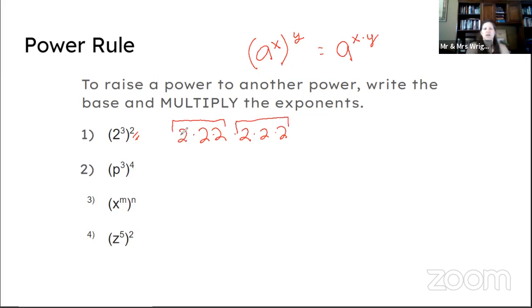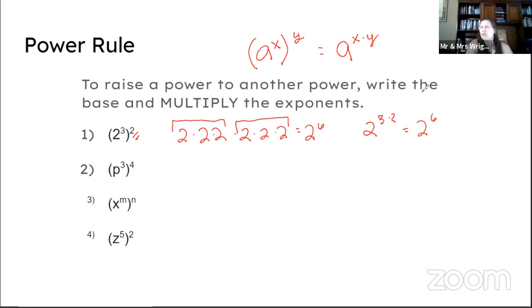So that's a total of 2 to the power of 1, 2, 3, 4, 5, 6. 2 to the power of 6. Now, if we follow our rule up here, we can say that, okay, well, they share a base, so let's write that base. It's a base of 2, and it's going to be raised to the power of 3 times 2, which is 2 to the power of 6.